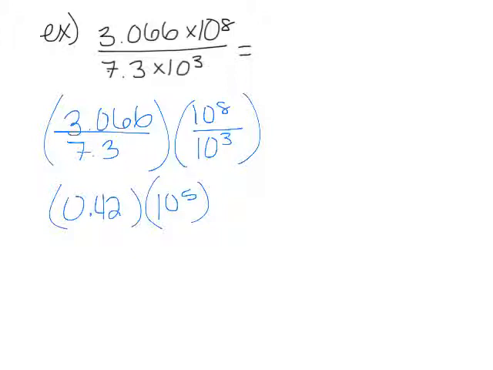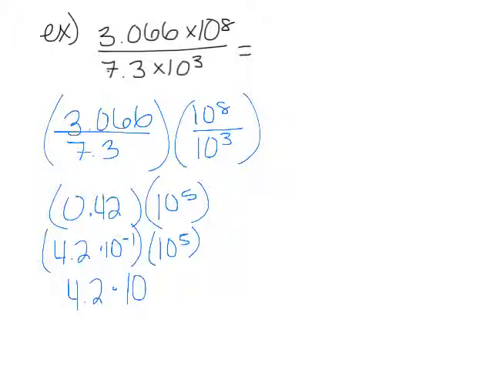And remember that I want my number to be between 1 and 10. So I'm going to move my decimal over 1. So I get 4.2 times 10 to the negative first times 10 to the 5th. And then using product of powers, I get 4.2 times 10 to the 4th.